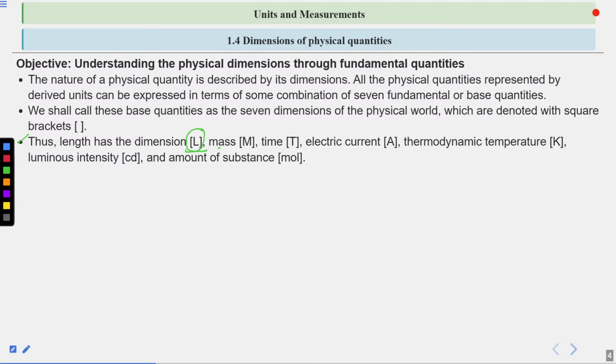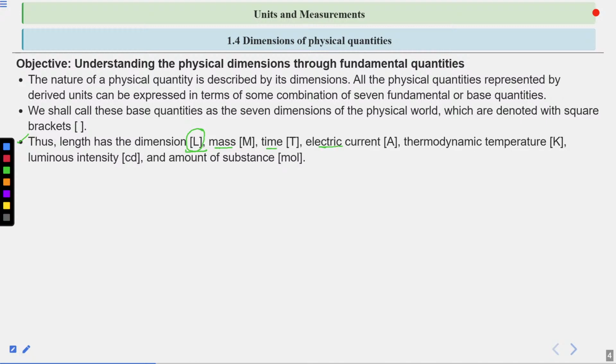If we talk about mass, the dimensional formula is [M]. For time, the dimensional formula is [T]. Listen carefully, the dimensional formula of physical quantities is denoted with square brackets.